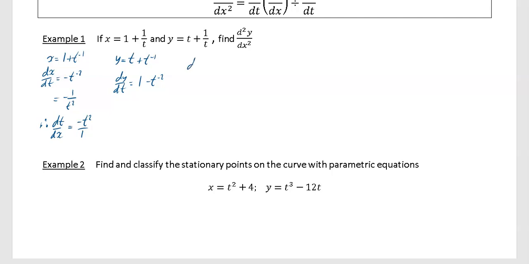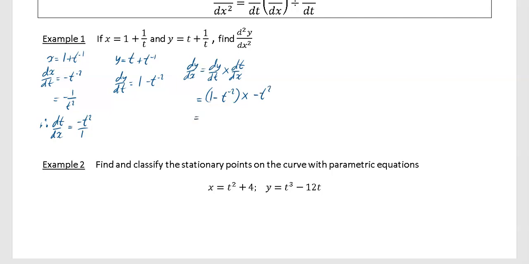Okay, what we want to find then is dy by dx. So dy by dx, remember, is dy by dt times dt by dx. And then if we put both of those in, my dy by dt was 1 minus t to the minus 2, and then times my dt by dx, which is just minus t squared.